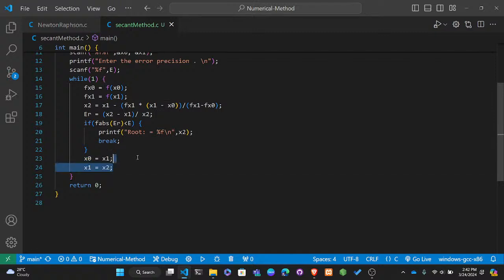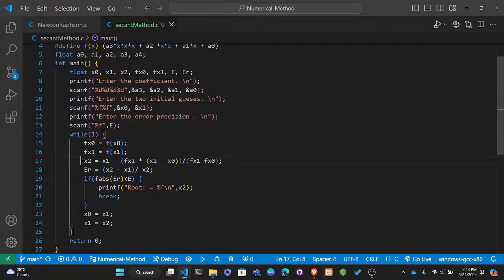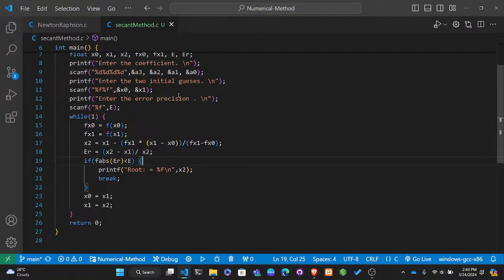If the absolute relative error that we have calculated from here is less than the error precision the user has given, the root is automatically x2. The true error is given by the user for the first time, and the others are calculated using x1 and x2. If the error is greater, the program will repeat again and again.